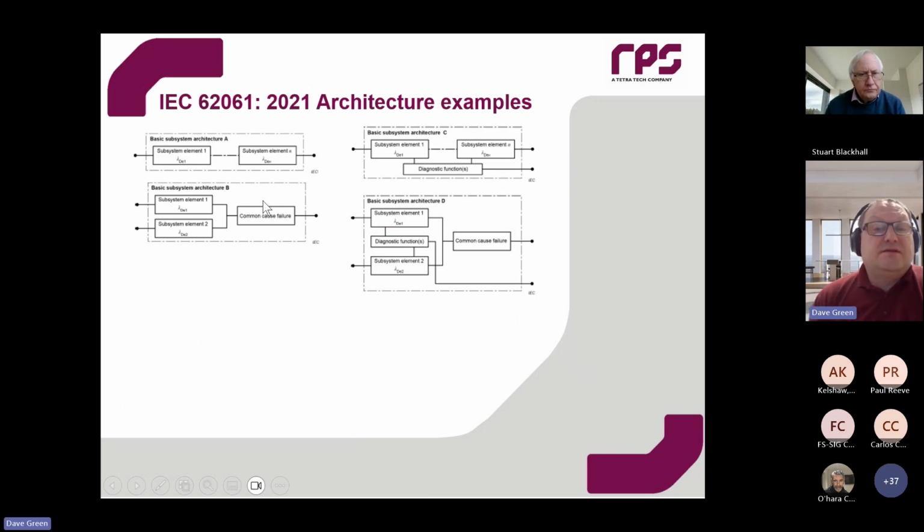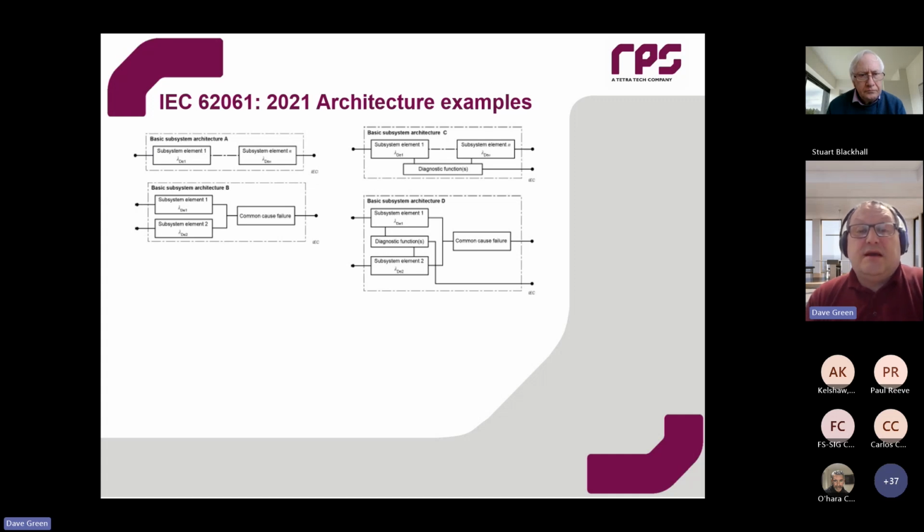It gives us some architecture designs in 62061. So we have our basic architecture for subsystem elements in architecture A. In architecture B, we are bringing in redundant elements. So 1 out of 2 voting, and in the example we see there, common cause failure. So looking at what common causes could cause each of those elements to fail at the same time.